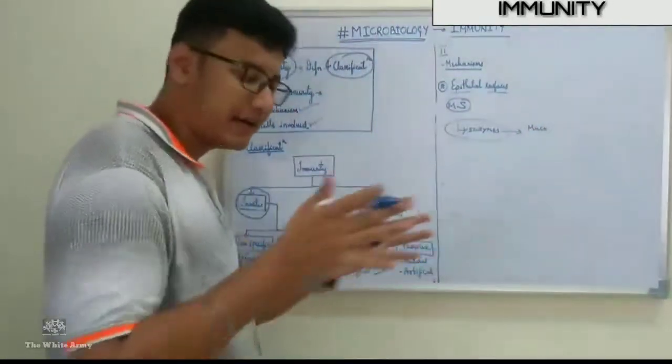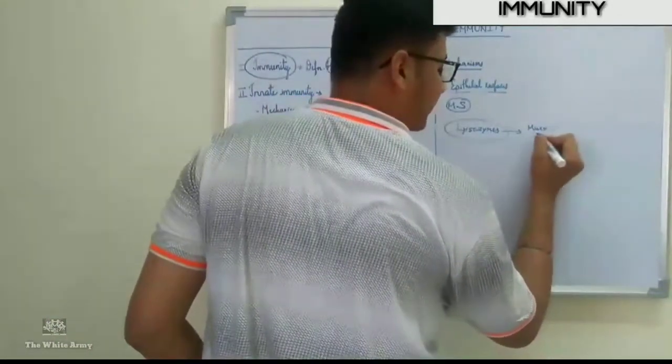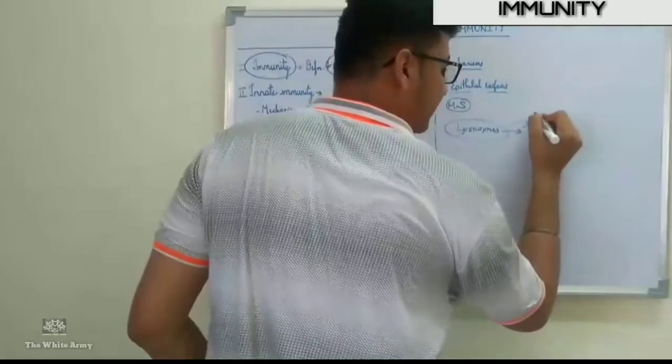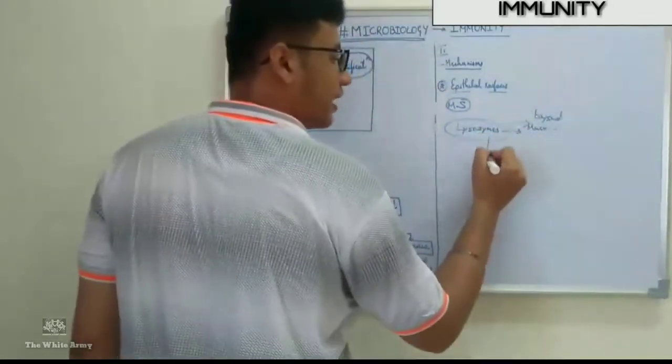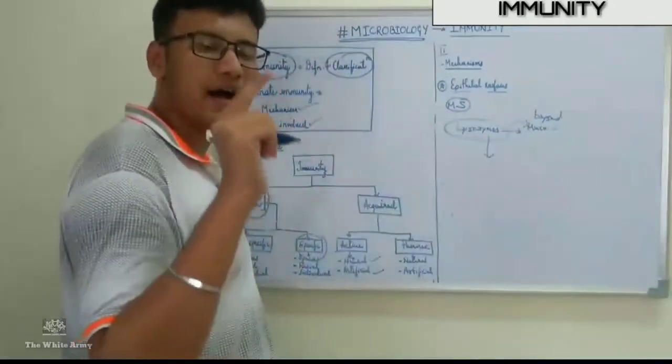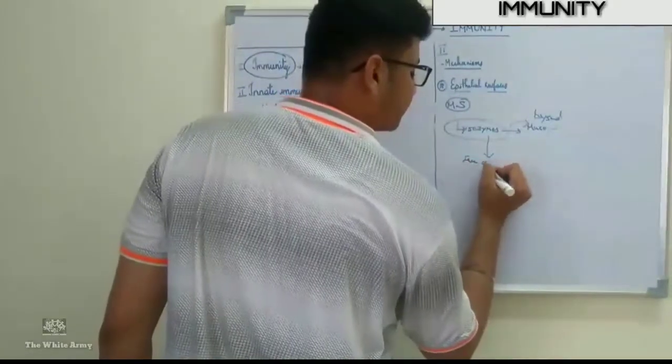The mucopolysaccharide border of the bacterial cell wall will be lysed or destroyed. So this keeps the eye, that is the sclera, conjunctiva and other parts of the eye, free of pathogens. This is about the eye.